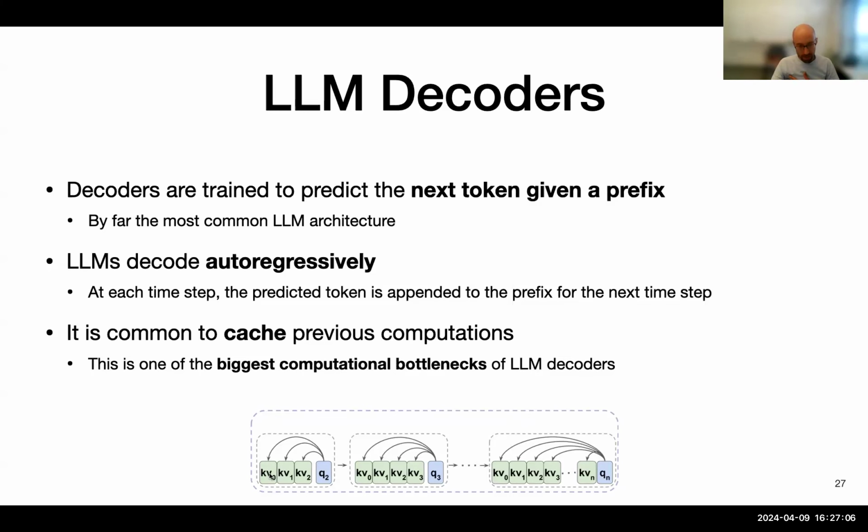So here in this example, we start in the first part, we attend to these three tokens, and then these 3 tokens plus another token, and every time we add another token. And so in order not to recompute all the previous tokens that we already processed, we keep their representation in memory. So this means that as we generate more and more tokens, we consume more and more memory. This is the standard way of using transformers nowadays, and this is again one of the biggest bottlenecks.